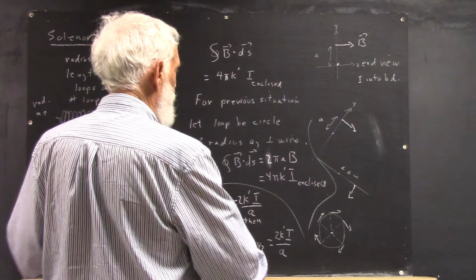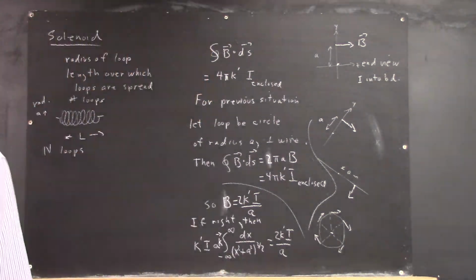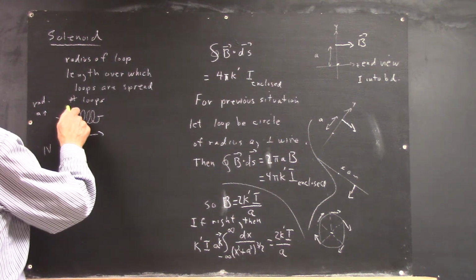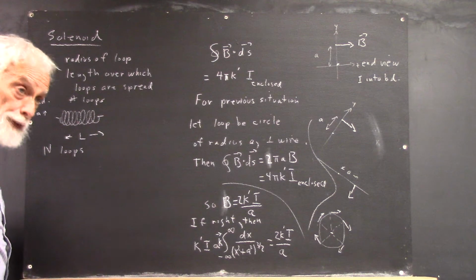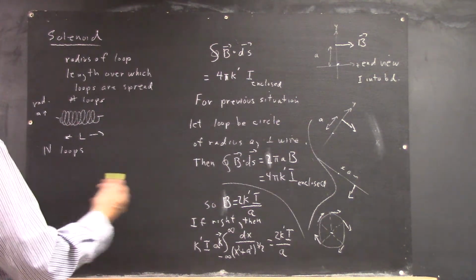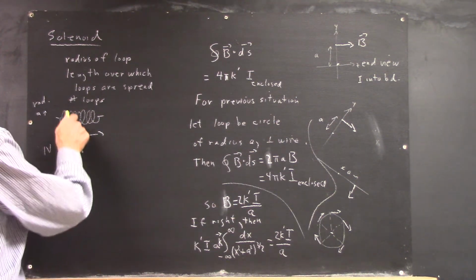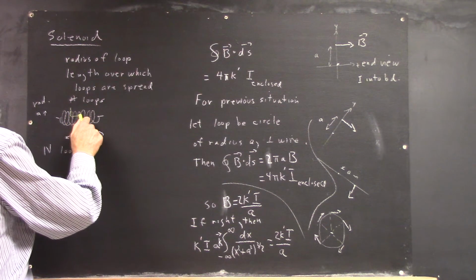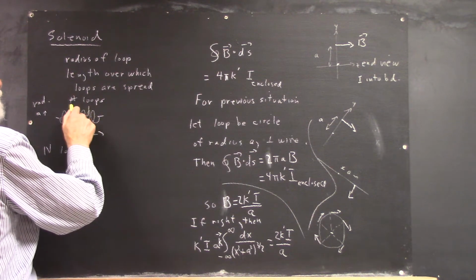I want to apply Ampere's law. So what I'm going to do is just take some segment. I could take the whole solenoid, or I could just take a segment of it that has a number of loops. Okay, so I've got a path inside here.